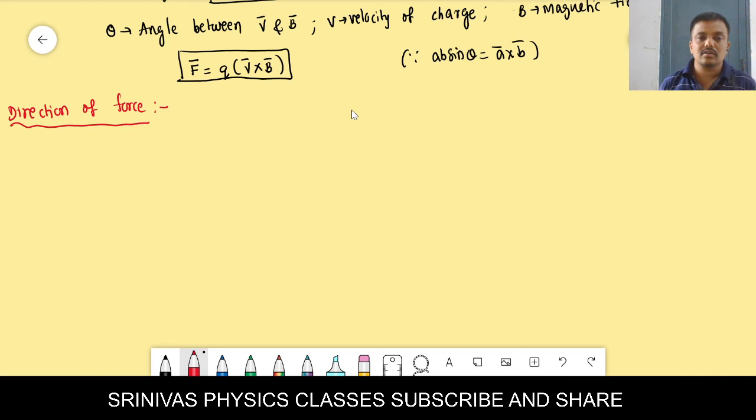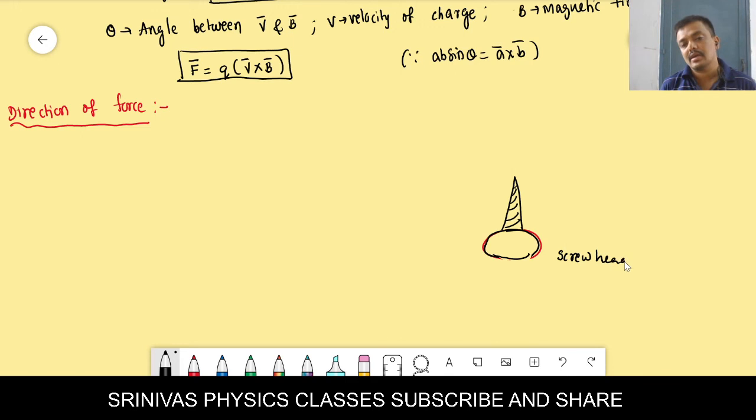For example, this is the head of the screw. Head of screw I am assuming, and on the screw head I am taking two vectors. The screw will be there, like this is considered as the screw. On the screw head you take the two vectors.